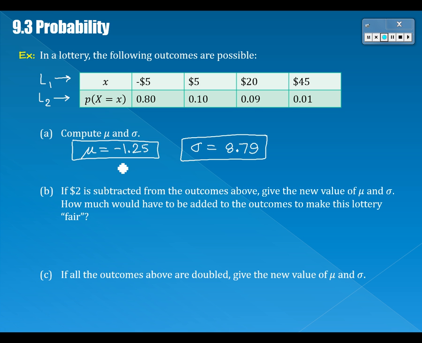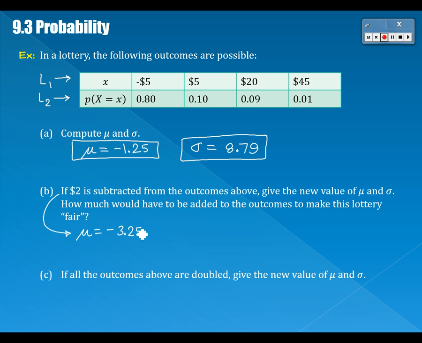Let's start by answering the first piece: what happens if we subtract 2 from all the values? Then the new mean is just 2 less than the old mean, -3.25.